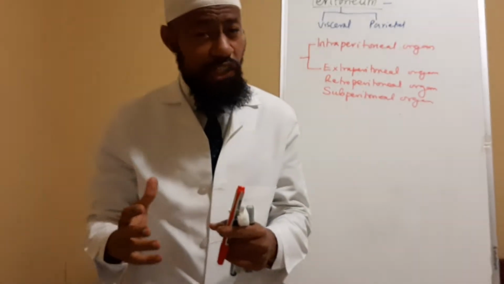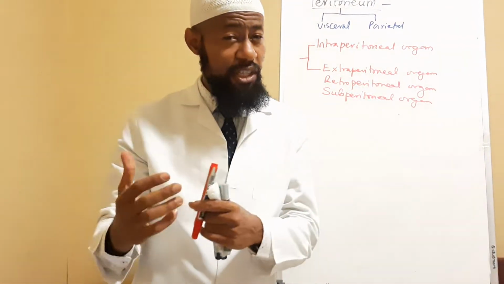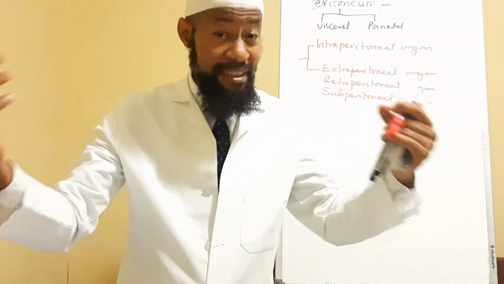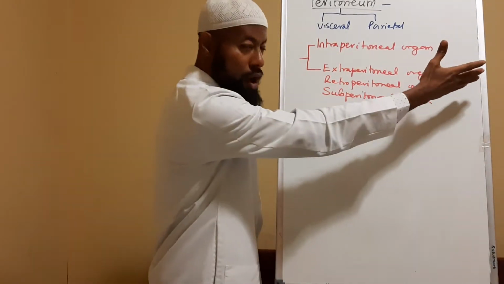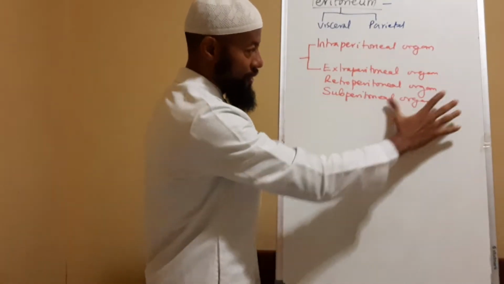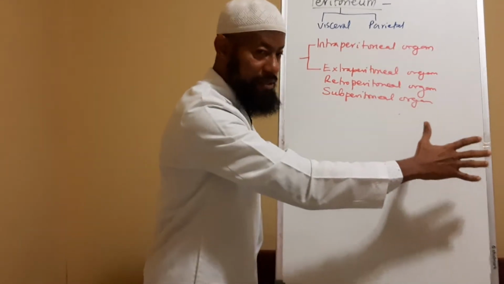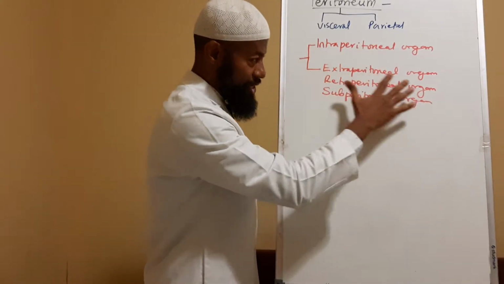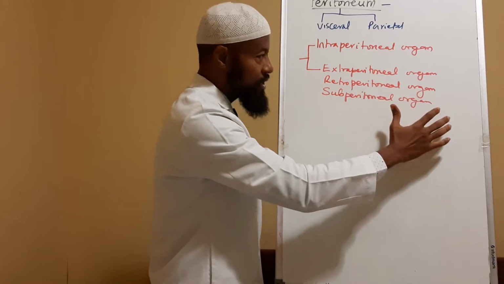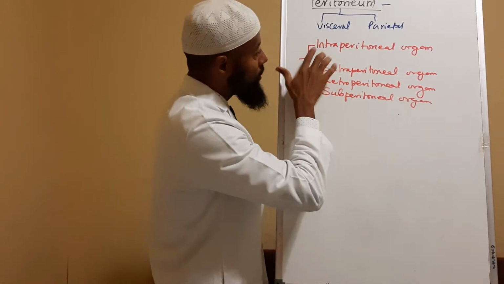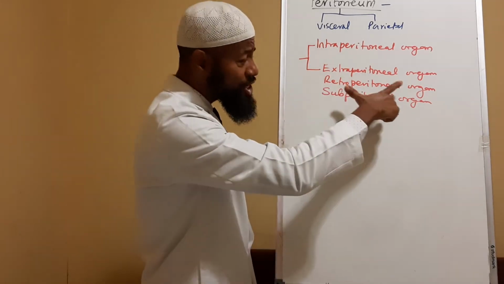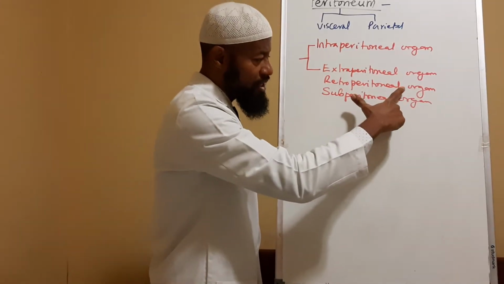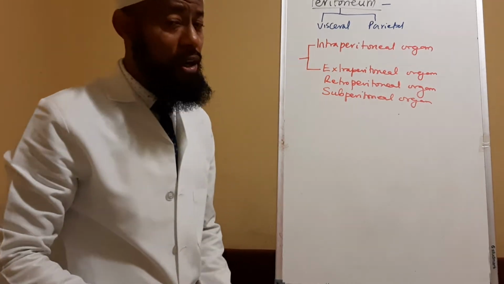Now, in relationship with the organs that they cover, the peritoneum can be divided into intraperitoneal organs, extraperitoneal organs, retroperitoneal organs, and subperitoneal organs.